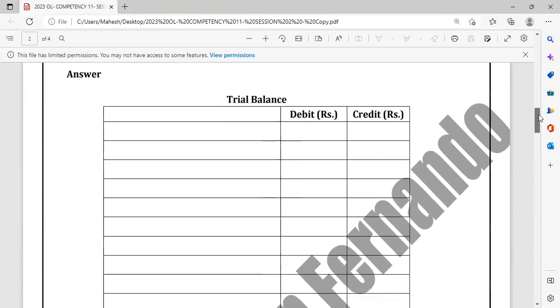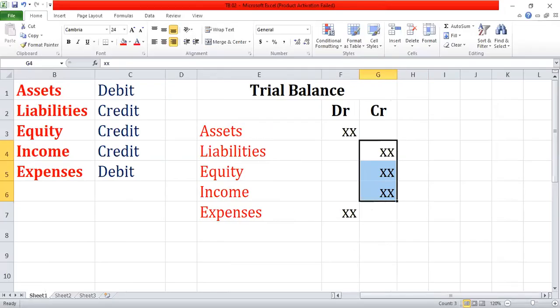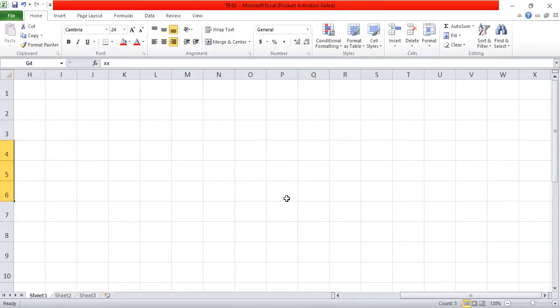See, in this column we record the description. And here, if it's a debit balance, record the value here. If it is a credit balance, record the value in the other column. Now I'm going to explain this activity using an Excel sheet. Now you can do it along with me, children. Right?